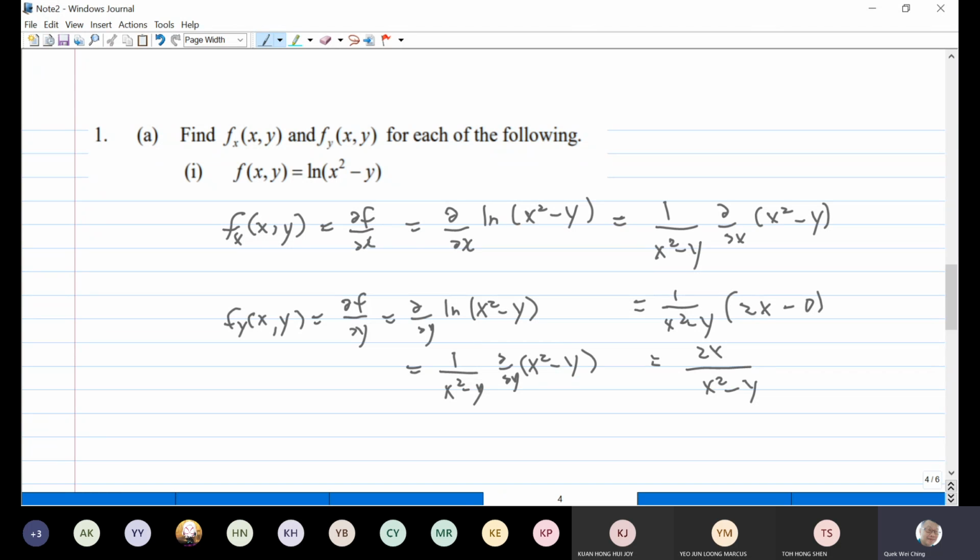When you differentiate with respect to y, you keep x squared constant. So differentiating x squared is 0, because x is constant. Minus 1, differentiating y gives minus 1. So it equals minus 1 over x squared minus y. Okay, this is how to do question 1a.